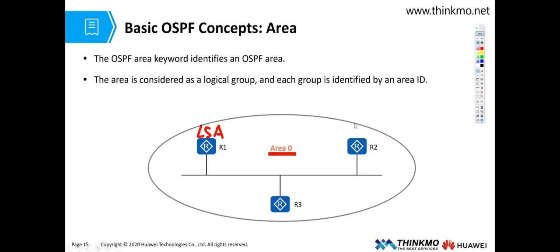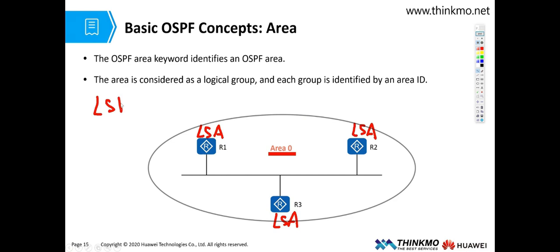Each device will generate its own information, and they will interact with each other, exchanging information: mine to you, yours to me, and his to me, and mine to him. Eventually they will synchronize into a database.